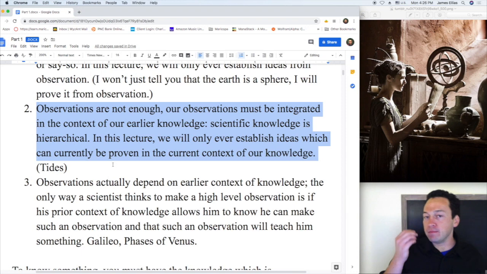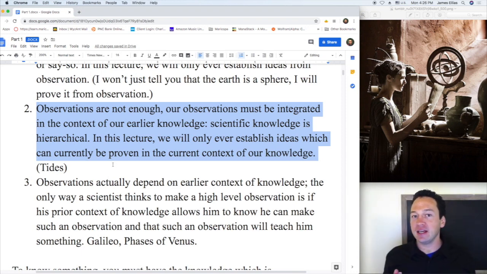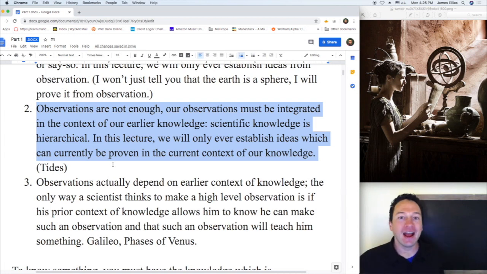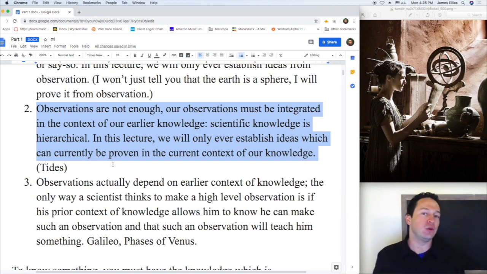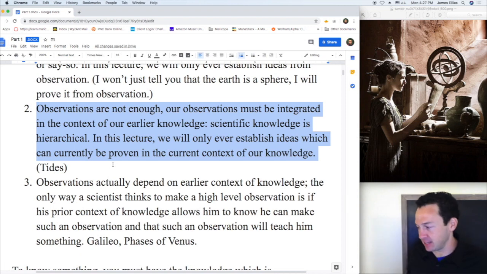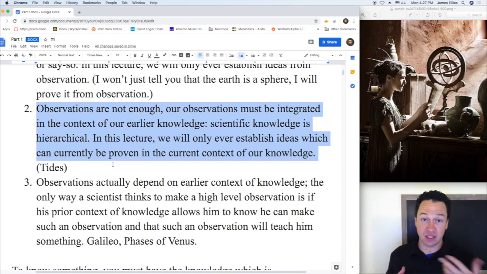Galileo was motivated to look very closely at the phases of Venus because he found that the way Venus was lit up during different parts of the year was consistent with his theory that the sun's at the center and inconsistent with the commonly held theory that the Earth was at the center. So you can see that without the hypothesis that the sun is at the center, Galileo would never have thought to make this observation.